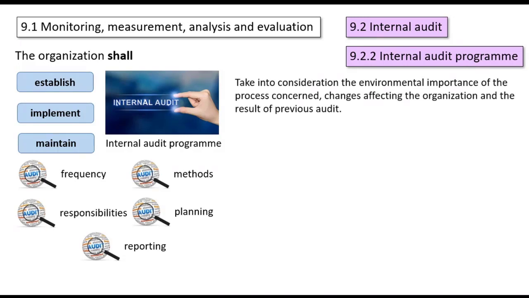So all this process need to take considerations of the importance of the process concerned, the changes affecting the organization, and the result of the previous audit. So when you want to set up the program, you must consider any changes, either from the previous audit result or from the policy changes. Whatever changes you need to consider when you want to establish internal audit program.